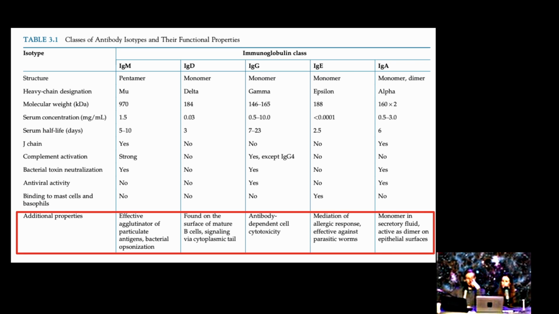IgE is your main allergy response. So if you ever have the sneezy hay fever thing, you're mostly secreting IgEs for those. These are called classes of Ig. The ones that Dr. Benbury said we're mostly concerned with are the IgGs when it comes to COVID.